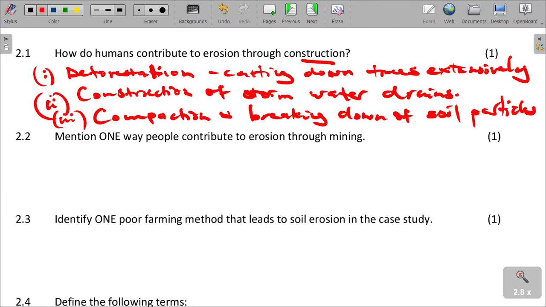Breaking down of soil particles into smaller particles exposes the soil to agents of soil erosion. That can be one of the ways that can also cause that.